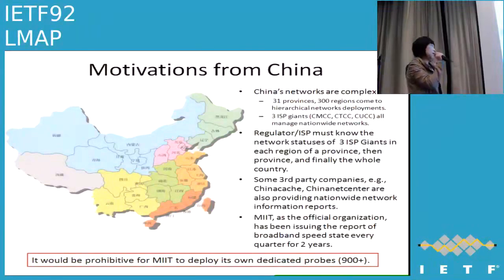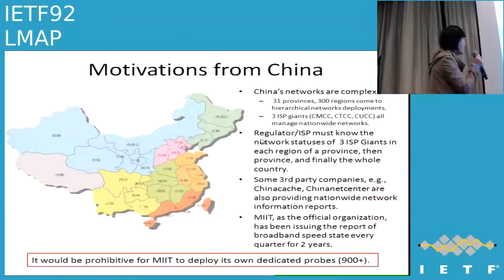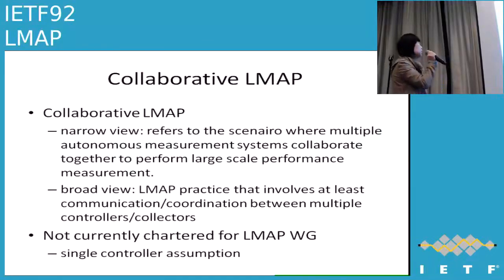What is collaborative Lmap? From the narrow view, it refers to the scenarios where multiple different measurement systems collaborate together to perform large-scale performance measurement. And from the broad view, from the Lmap view, it is Lmap practice that involves at least communication or coordination between multiple controllers or collectors.